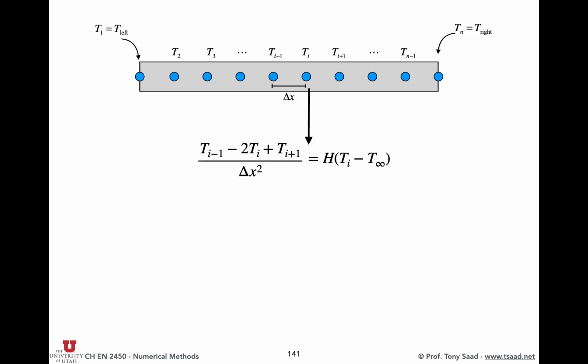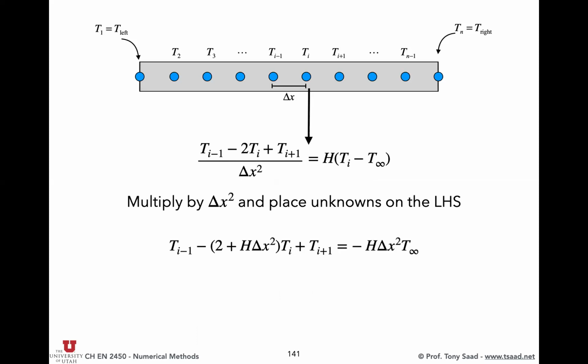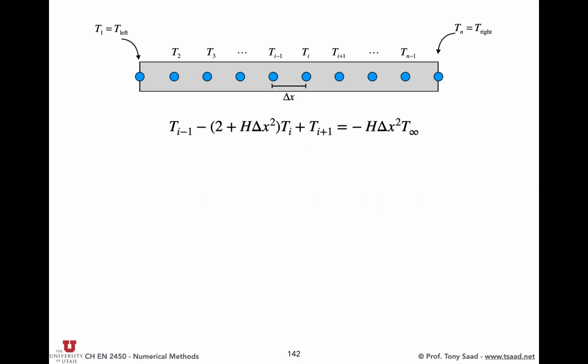Now next, we just multiply by delta x squared and move all the unknowns to the left-hand side and everything that we know to the right-hand side, okay? So this results in the following representative equation at any point I: Ti minus 1 minus (2 plus h delta x squared) Ti plus Ti plus 1. It sounds silly when I'm just reading equations to you, so I'm hoping that as you're doing the math, this will make sense. You'll get a chance to do this in a second.